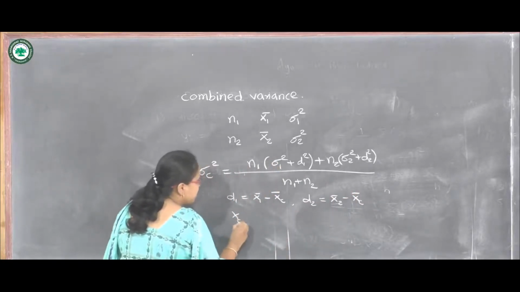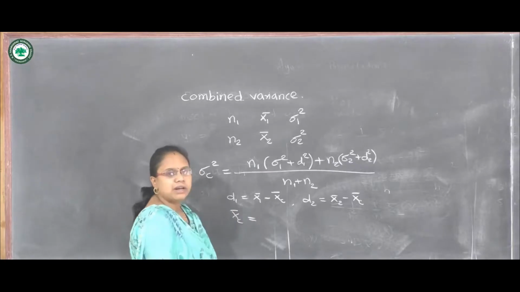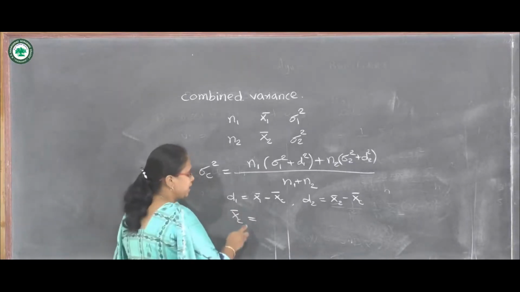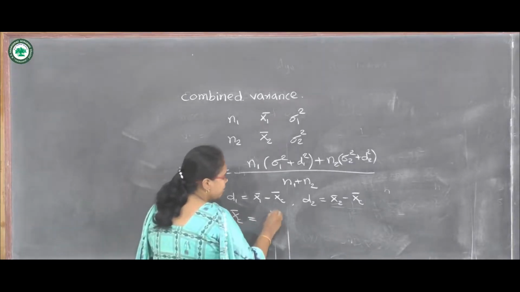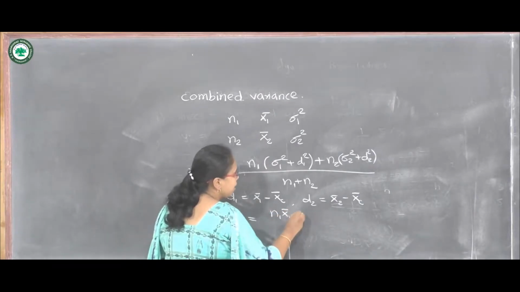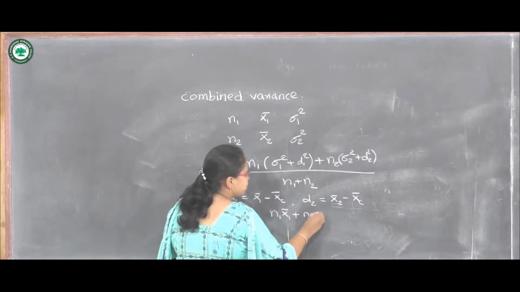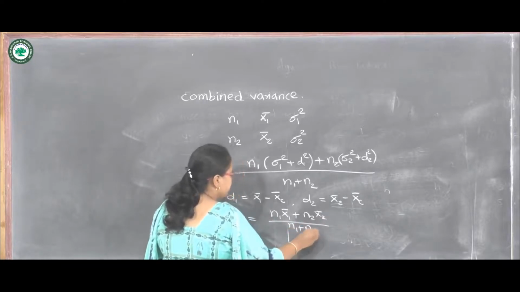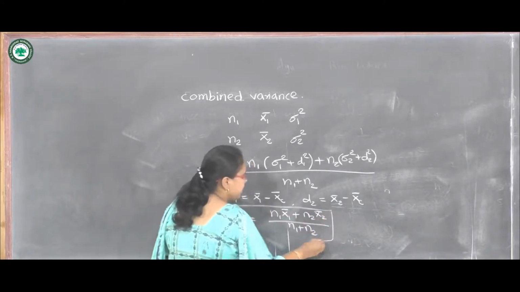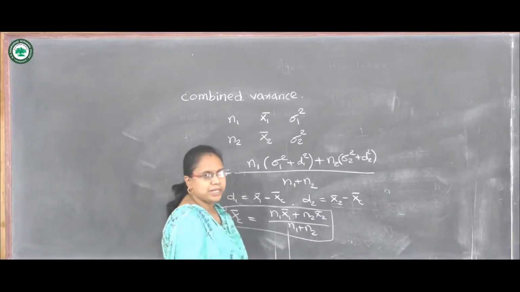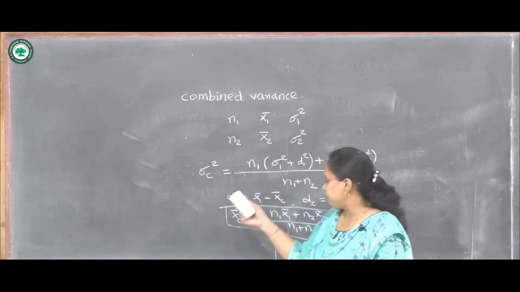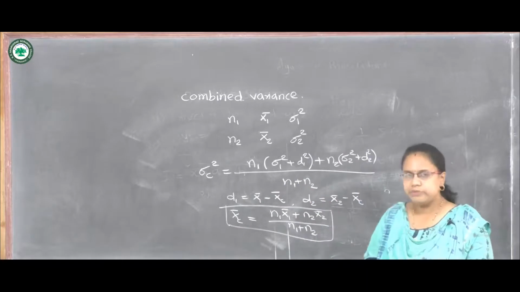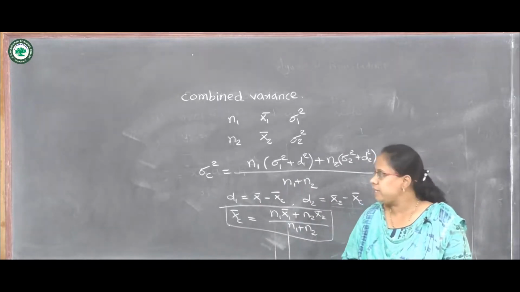Here xc bar is the combined average or combined arithmetic mean. We have seen this formula as n1 x1 bar plus n2 x2 bar divided by n1 plus n2. This formula we have studied in properties of arithmetic mean. So by using this formula we can compute the combined variance.